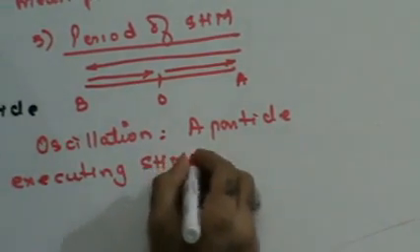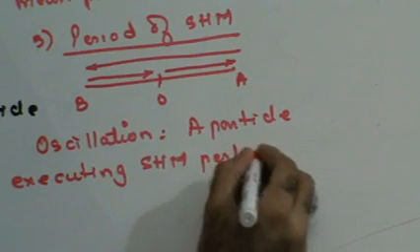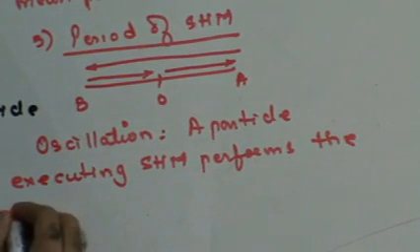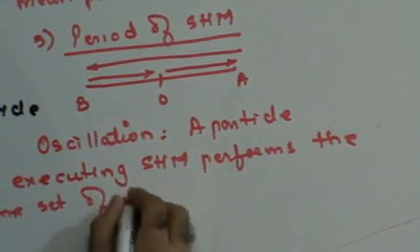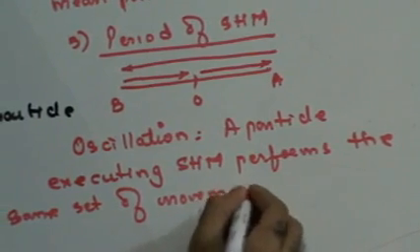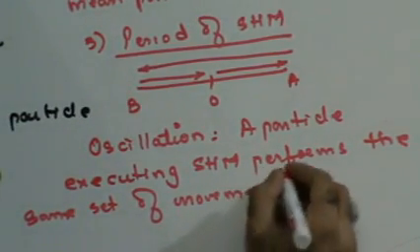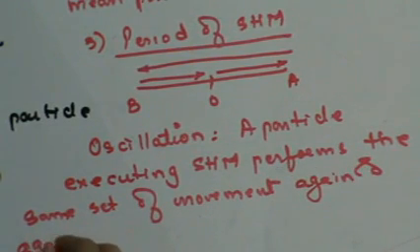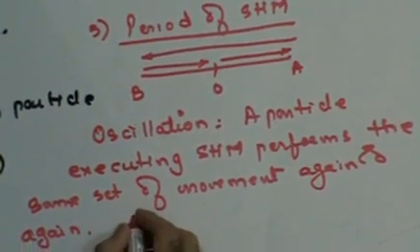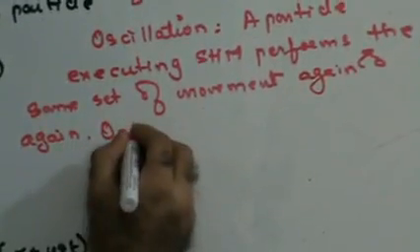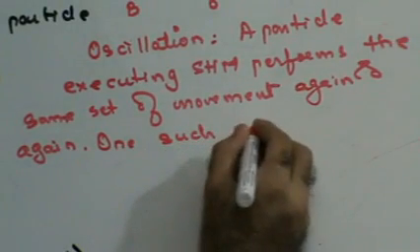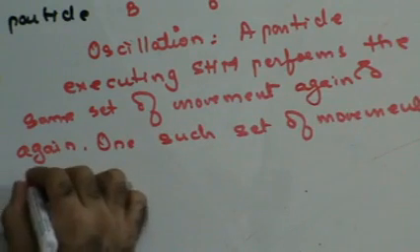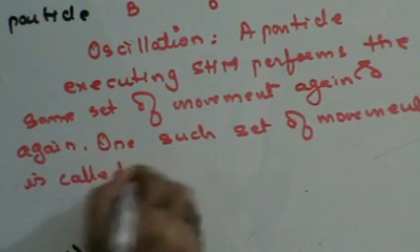A particle executing SHM performs the same set of movements again and again. One such set of movement is called an oscillation.